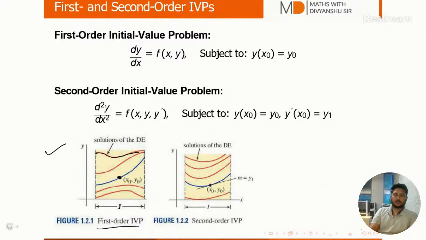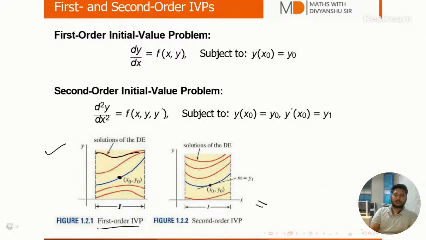That is your first order initial value problem. And second, in this figure 1.1, we want to find a solution of the differential equation whose graph not only passes through x0, y0, but also has slope of the curve at this point equal to y1.